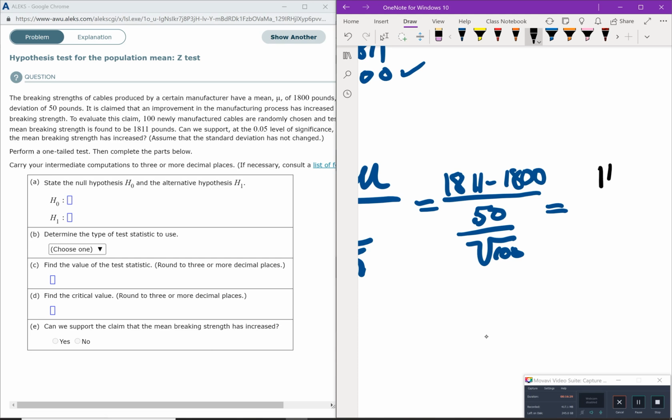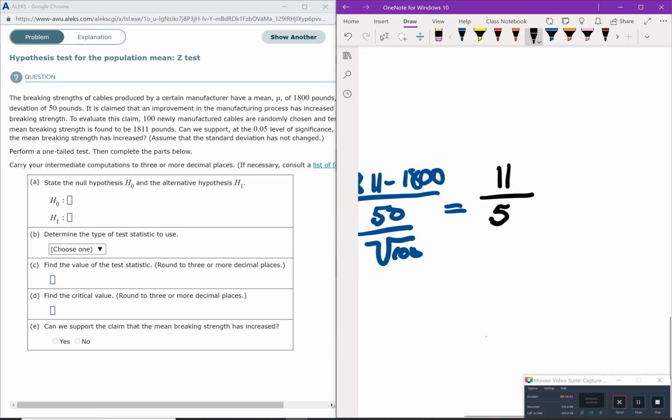So obviously this is 11 divided by 50 divided by 10. So we have 50 divided by 10, which is going to give us 5. So 5 goes into 11, 2.2 z-score. So 2.20 for a z-score. Remember, that's what that is.